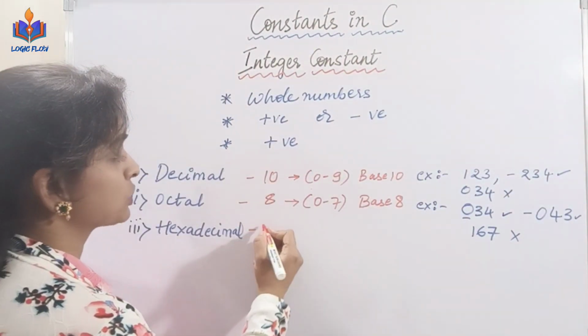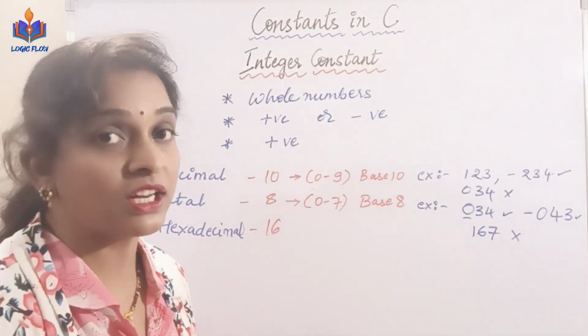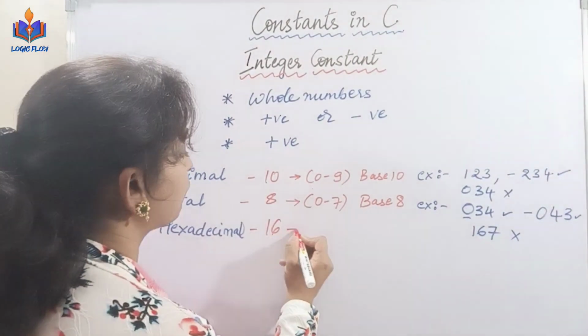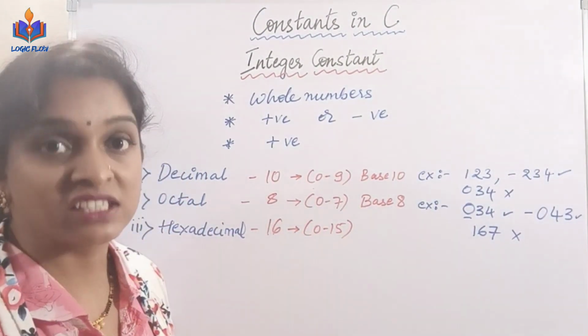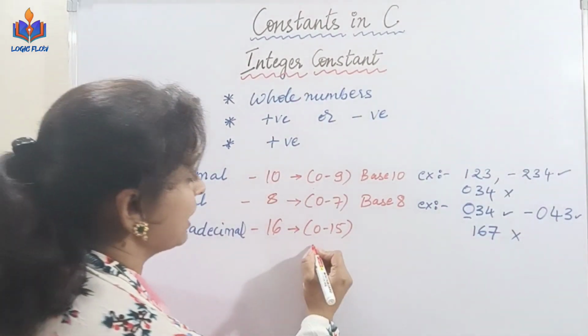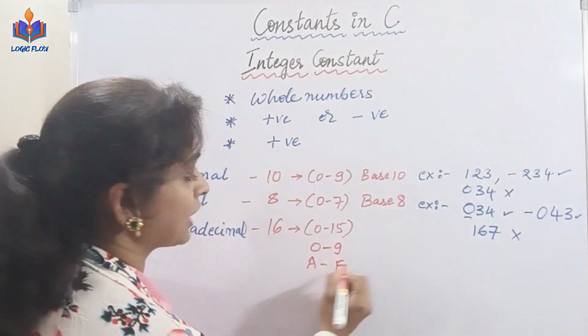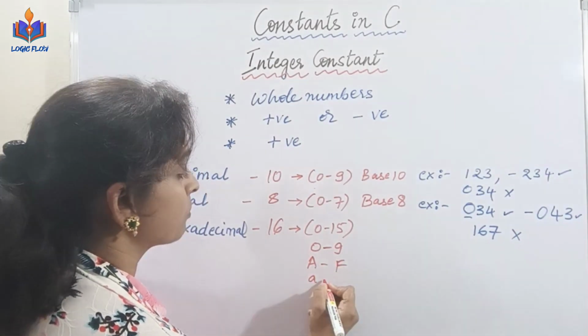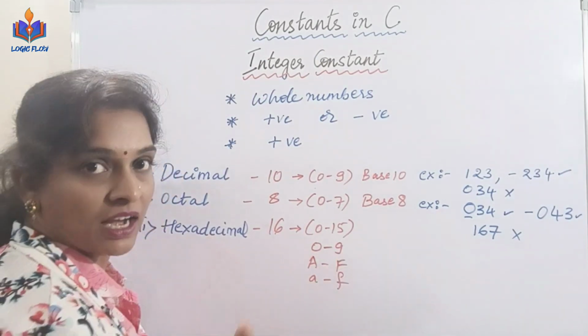Hexadecimal supports totally 16 digits. Hexa means 6, decimal means 10. Totally 16 digits, so it is from 0 to 15, where I can say 0 to 9 and then A to F. It can be capital A or small a to F. So here we have 0 to 9, 10 digits.